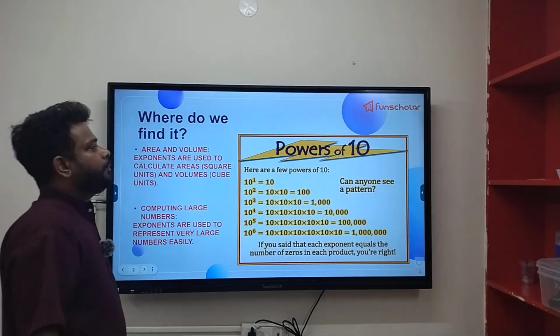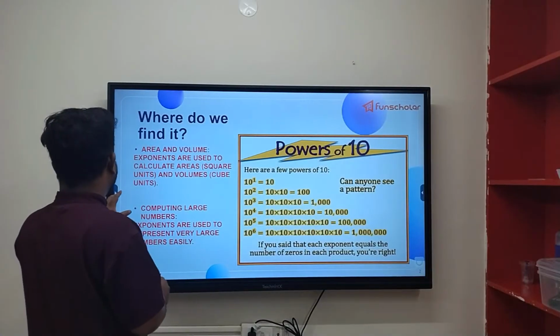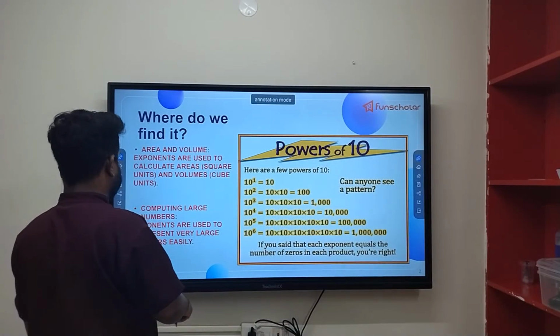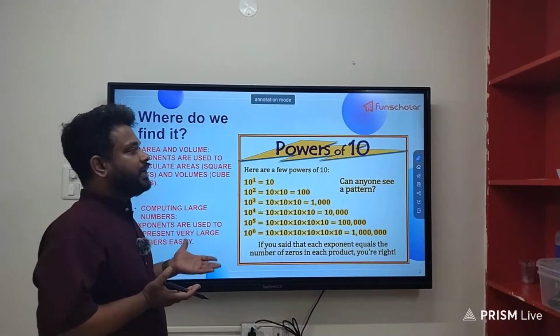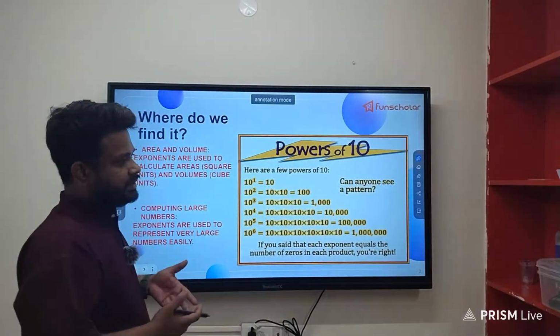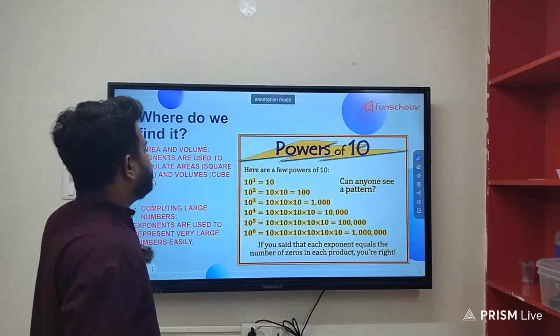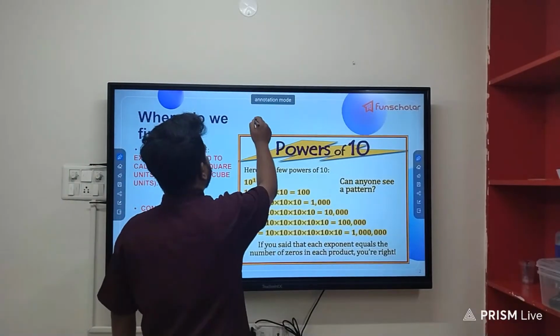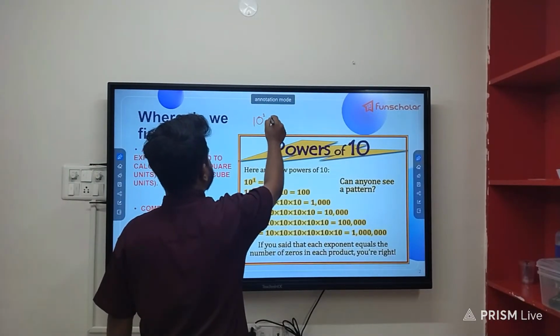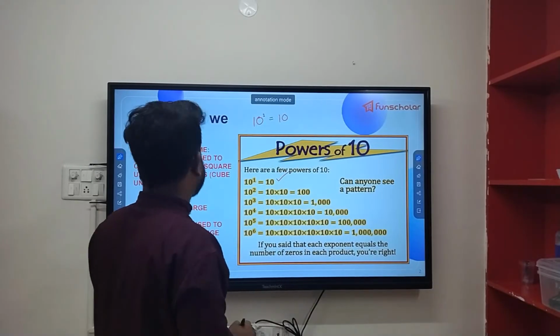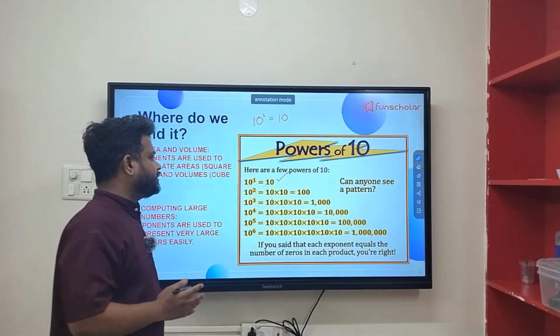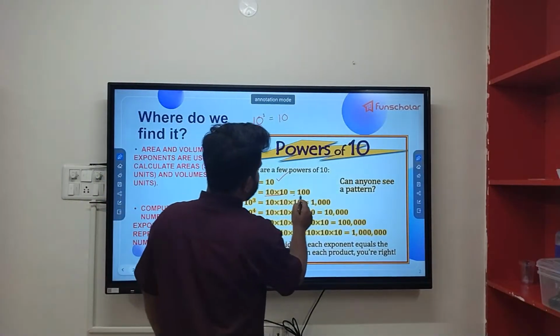Maybe we have all studied it in the lower classes, like in 6 or 7. 10 to the power 1 means 10, and 10 square, or 10 to the power 2, means 10 into 10, which means 100.